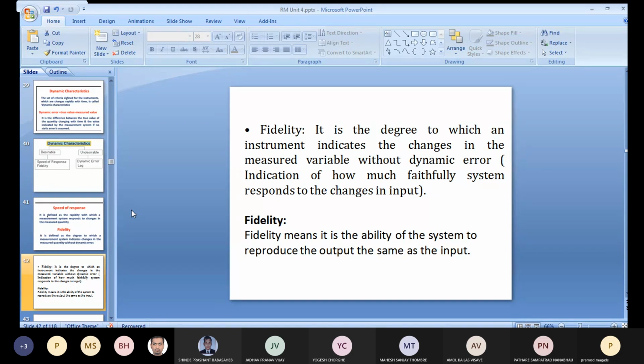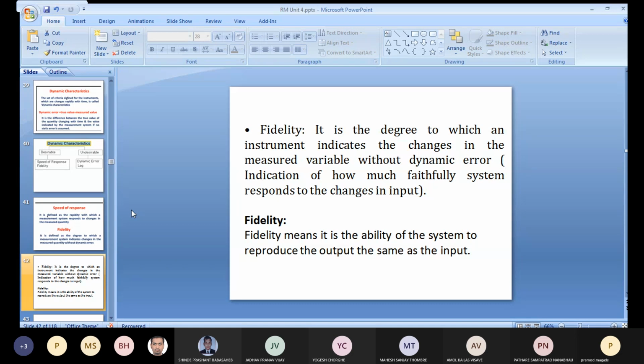That can be an example of fidelity. Correct. And those readings are the same every time. Suppose at 9 a.m. I take a reading and I get the same reading at 5 p.m. also, we call that fidelity. That is the faithfulness, the belief on that particular machine.